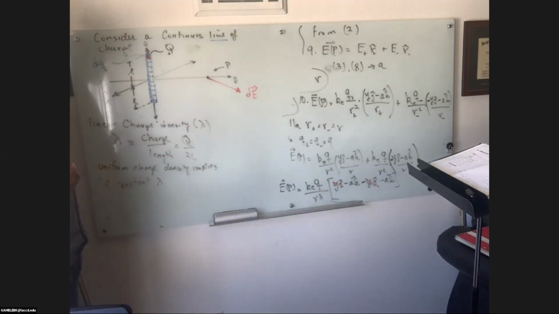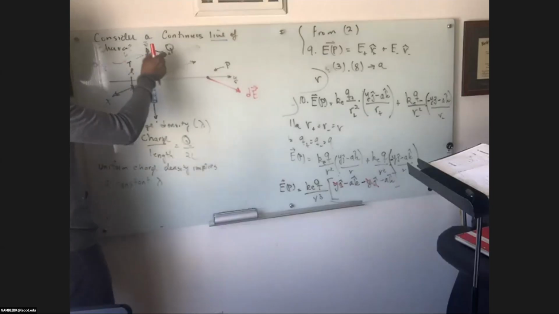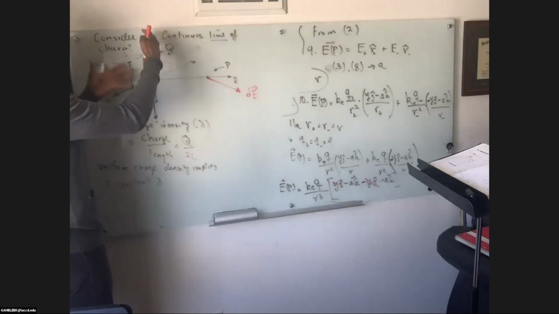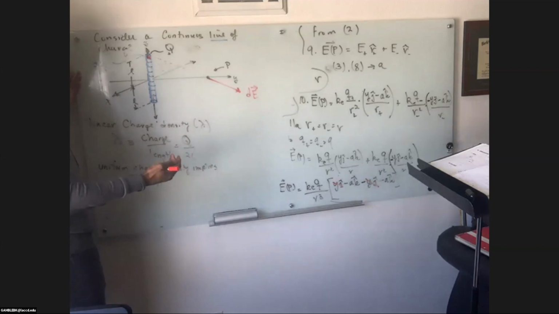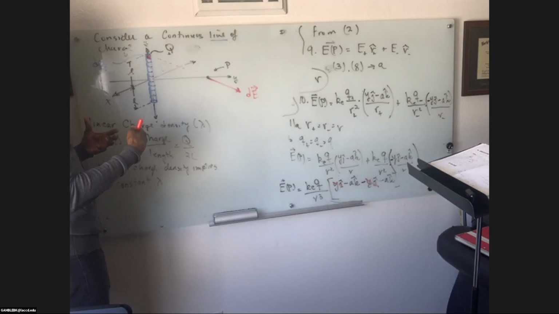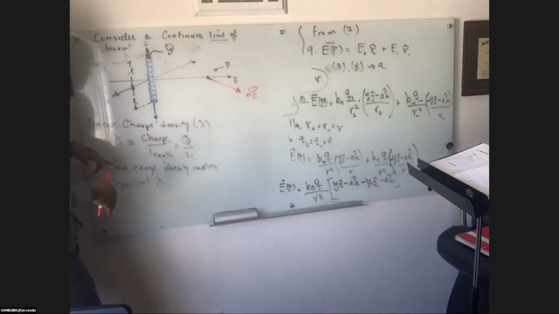So there was a question, someone was talking. To visualize the charge, are we visualizing the charge spread across the length of this shape here on the y-axis? Yeah, this charge Q is distributed over the entire length of that charge distribution. And we're thinking of it as having only one dimension. So we're defining it in terms of a linear charge density, where at any point the total charge over the total length is equal to lambda.